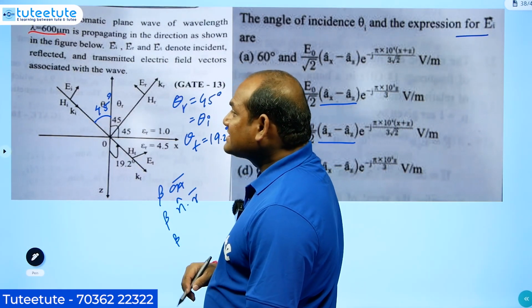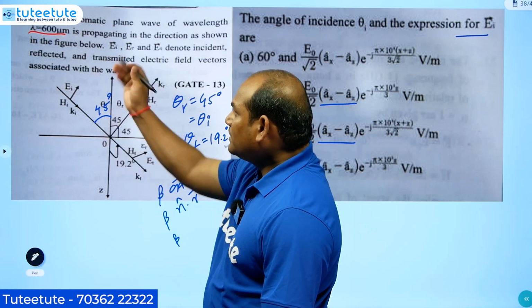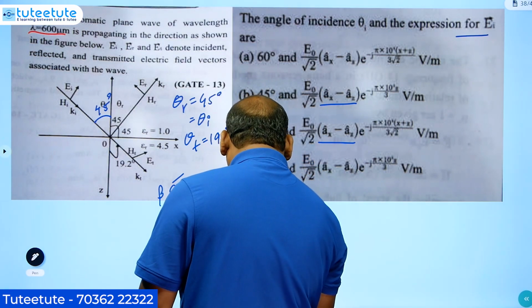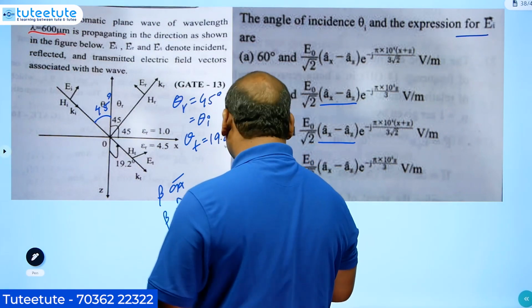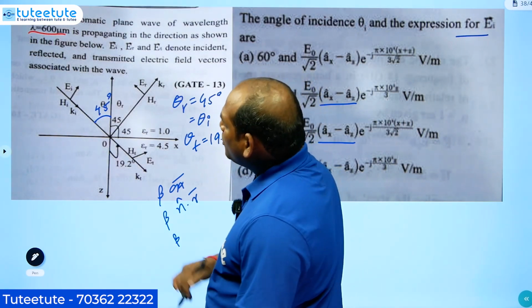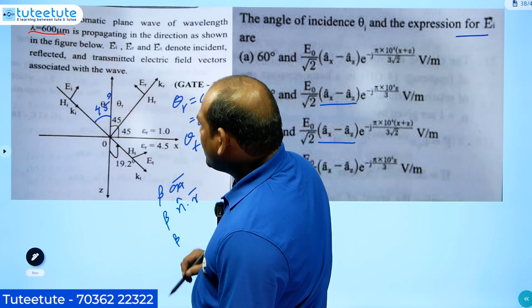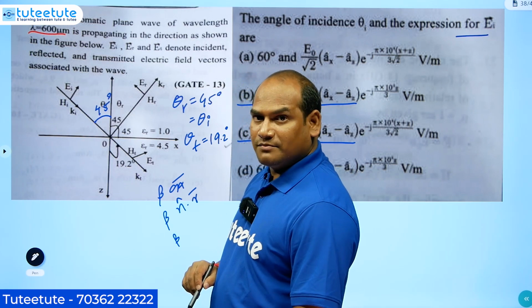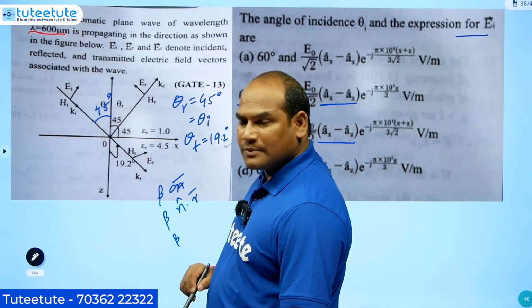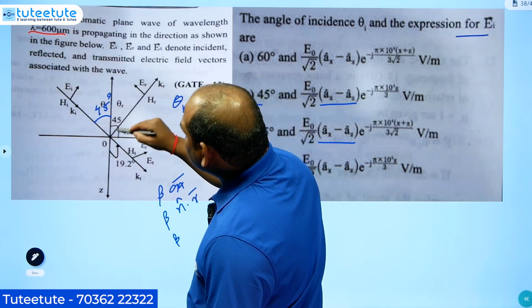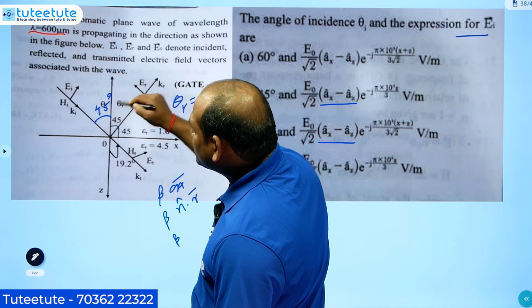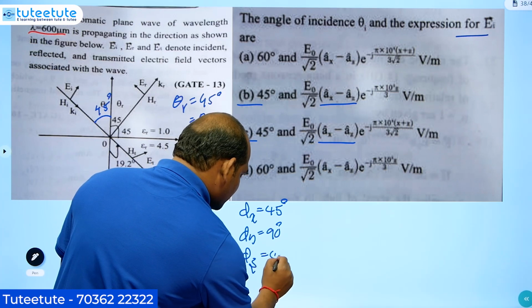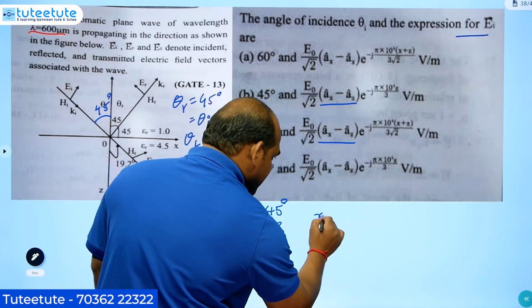Here the y axis is actually available in the plane of incidence, so that is 90. Phi y is equal to 90. Next phi z. With respect to z, how much angle is made? This is the z axis already, so that is also 45. So phi z is equal to 45. So what is n cap now?